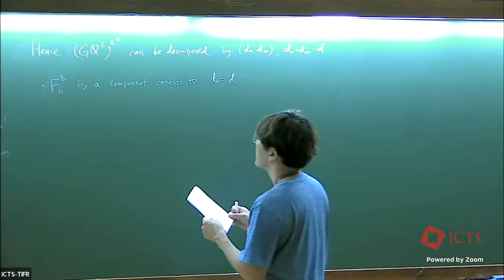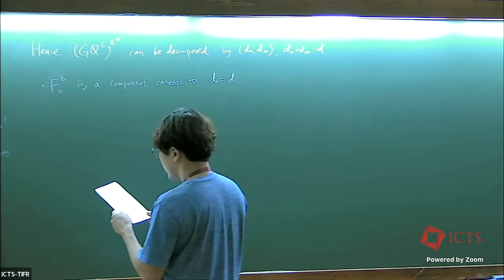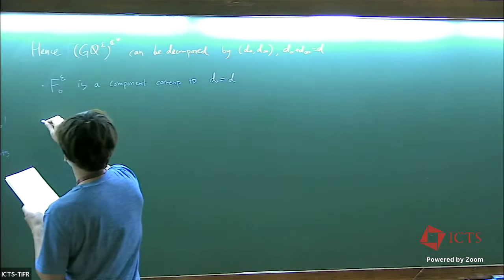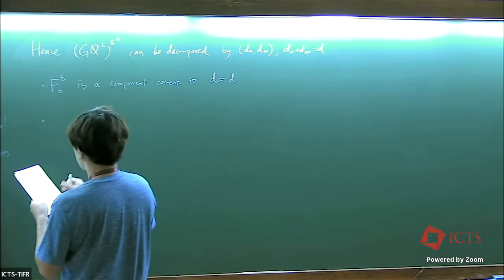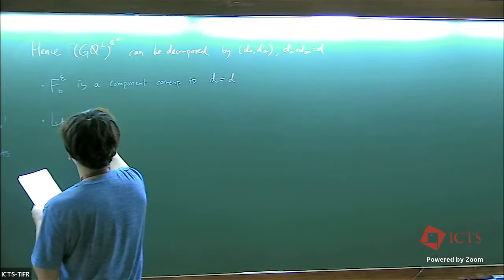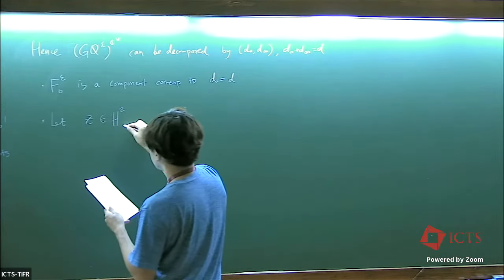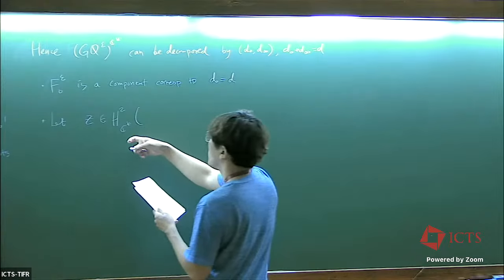And we also need some other information, and let Z be the second equivariant cohomology of C star.